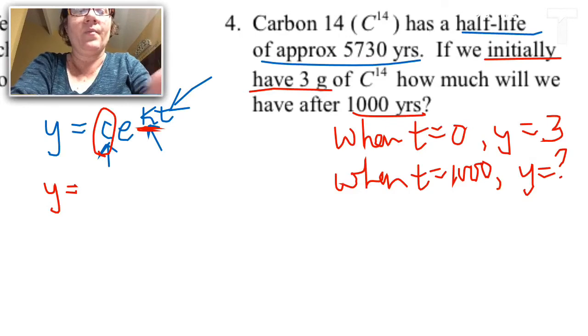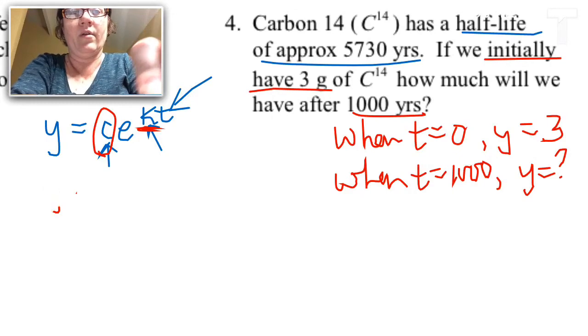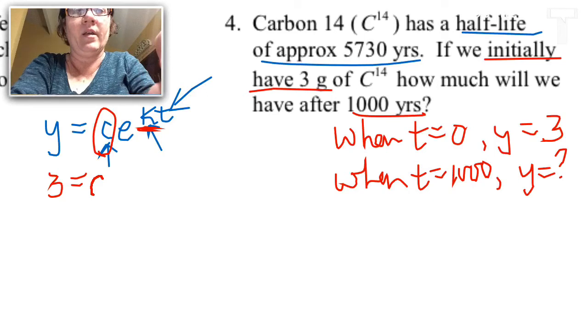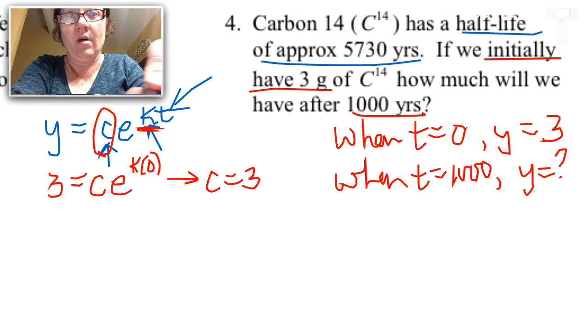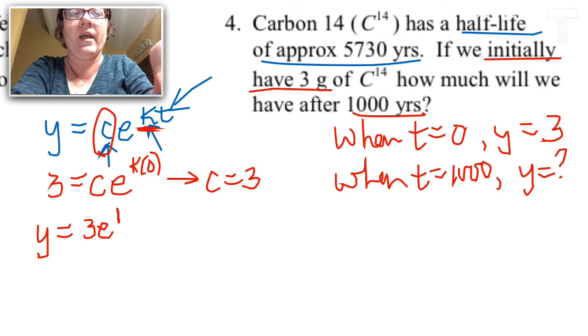So if I fill in 3 for the y value, and then for time I'll have 0, then I'm going to get c equals 3, which makes sense because that's how much I started with. But I proved it there, so I have y equals 3 e to the kt.